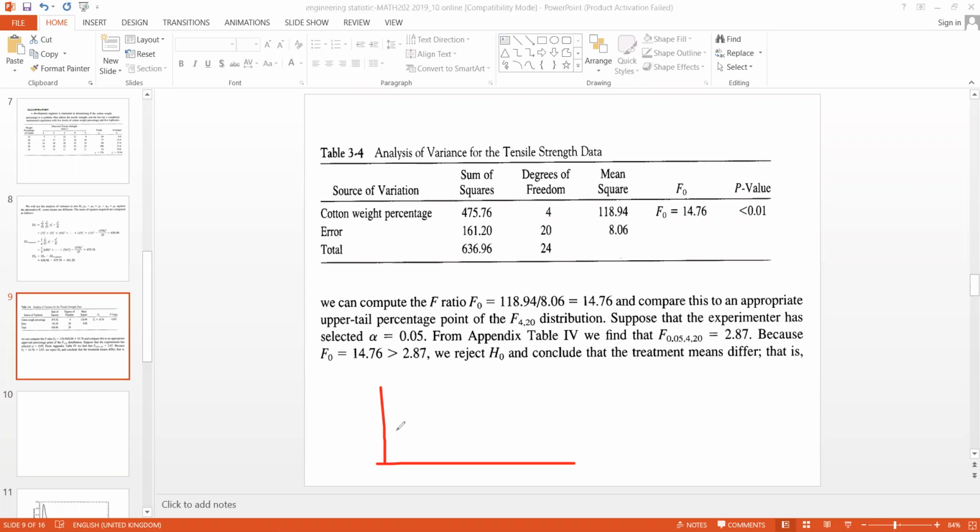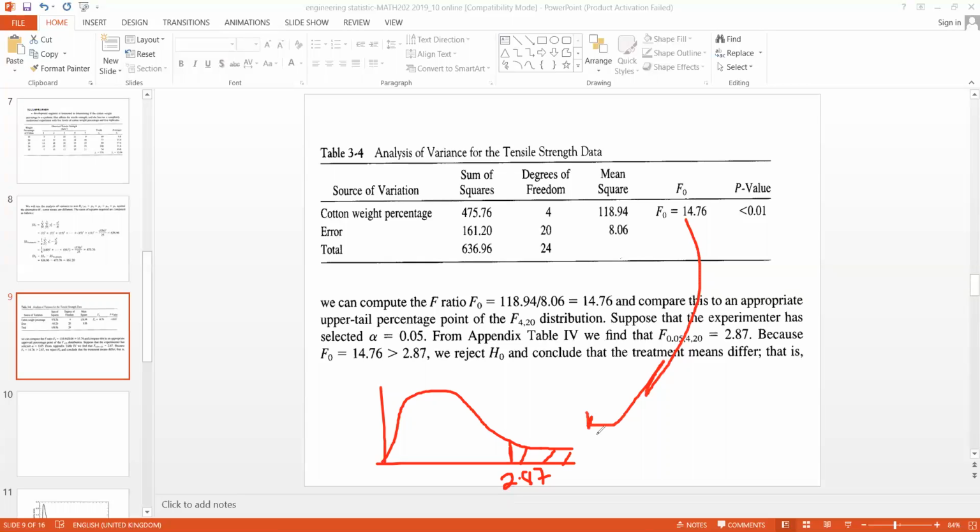So if you plot a graph, it will look like this, which means that our rejection region is on the right of 2.87.